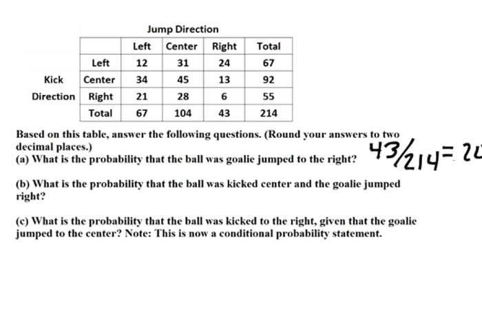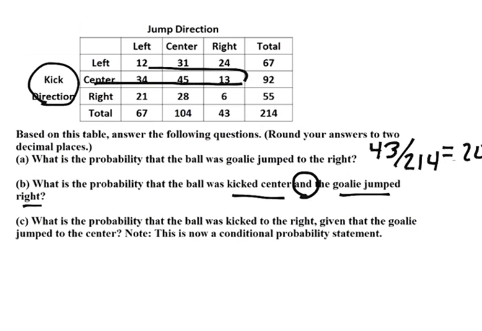In the second problem, we're asked what's the probability the ball was kicked to the center, but the goalie jumped to the right. So the kick direction was to the center, and the goalie jumped to the right.